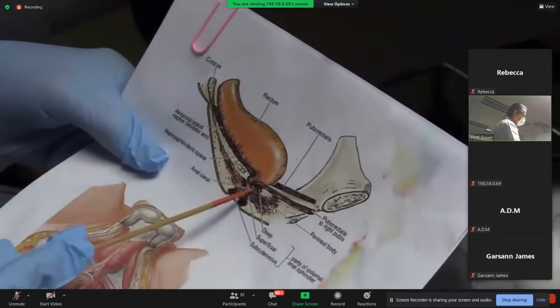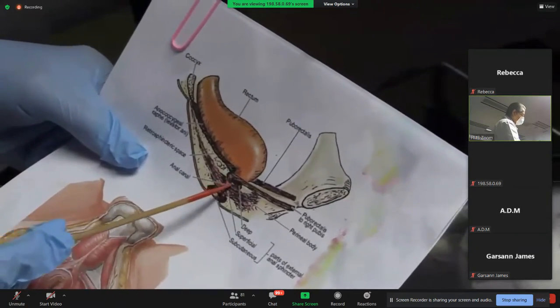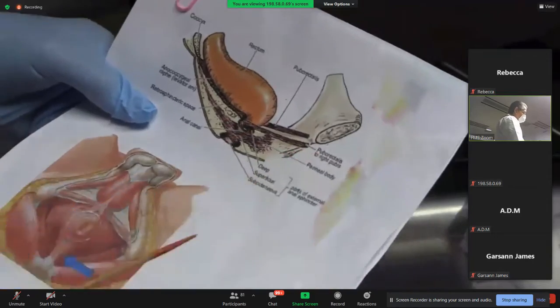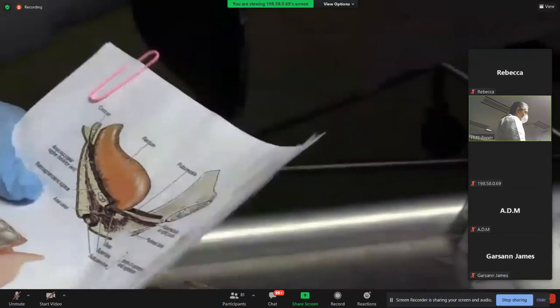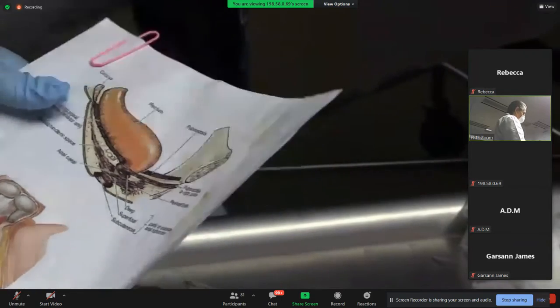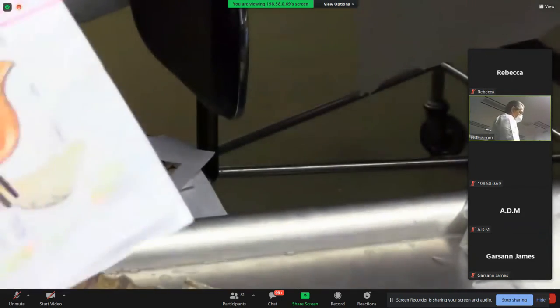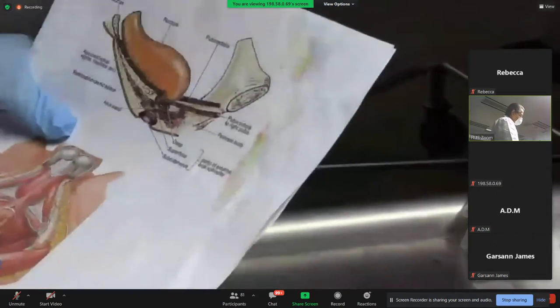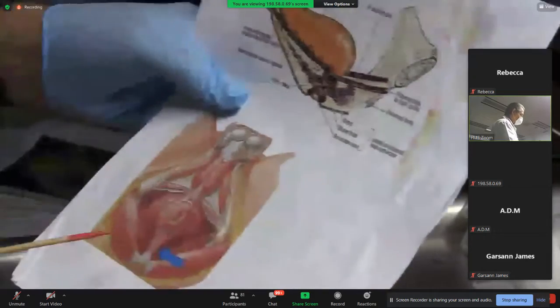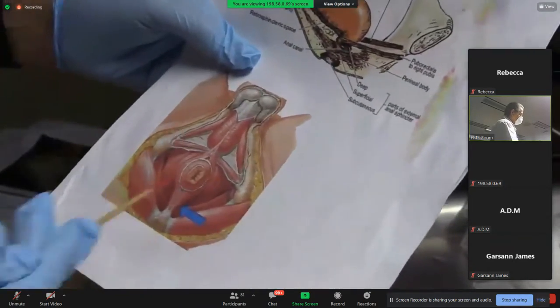The deep part, right here, its fibers are going to intermingle with the puborectalis, which is the medial fibers of the pubococcygeus. Remember, we're looking at them from below here now.